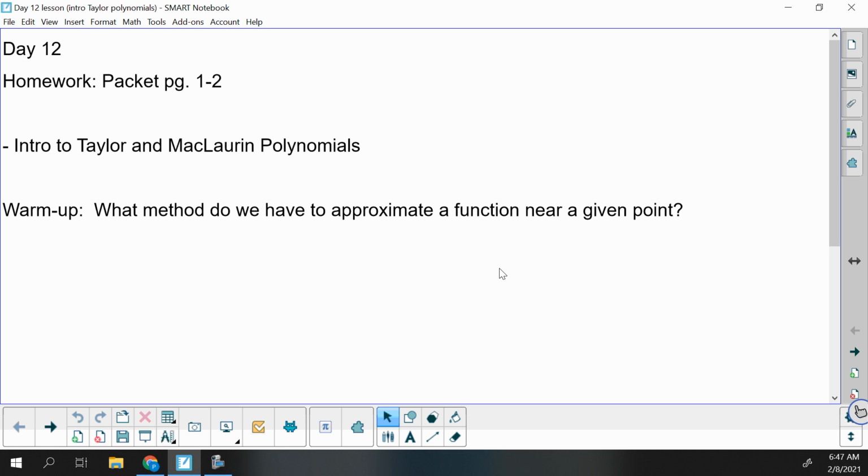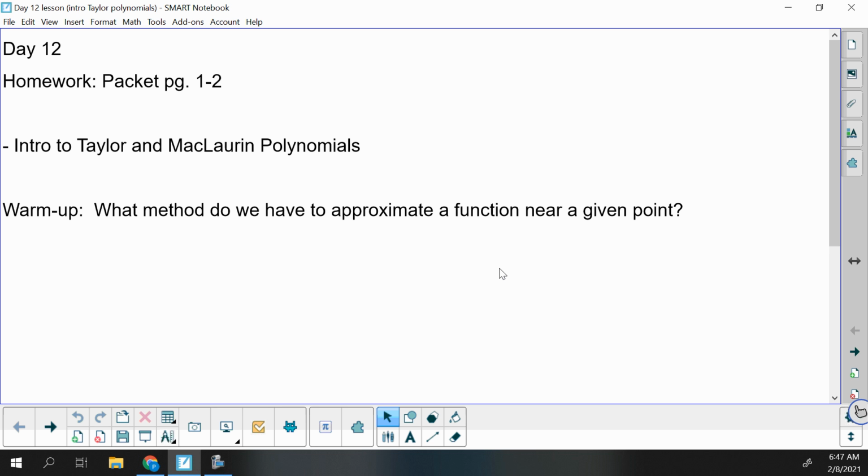And today is to introduce the stuff for the second half of the unit, which is Taylor and Maclaurin polynomials. So first off, I want us to think about what method do we currently have from calculus that allows us to approximate the function near some given point.